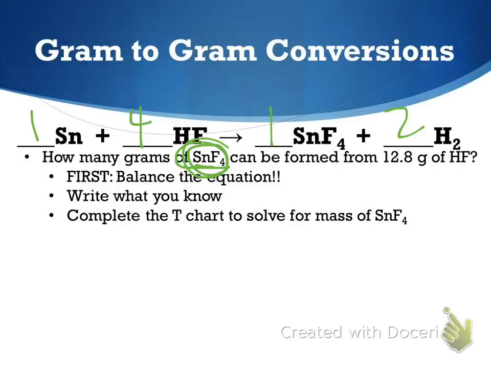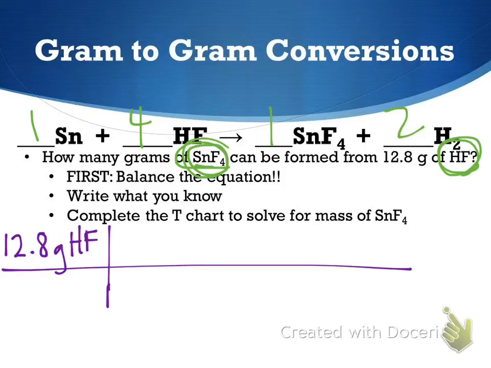Okay, what is this compound right here? Hydrofluoric acid. Very good. So we're starting with 12.8 grams of hydrofluoric acid. We're going to go from grams of hydrofluoric acid to, what do we need to go to? Moles. Moles of what? Good, same compound.